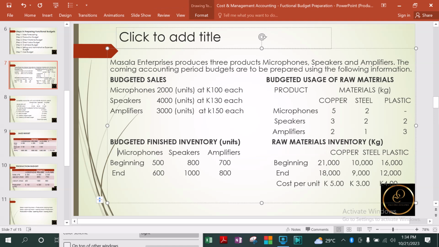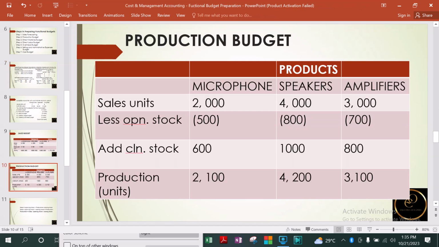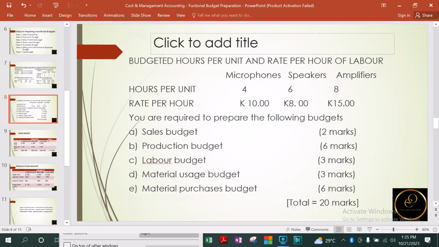So we can see that for microphones, the opening stock is 500, ending is 600. So we come here: microphones, opening stock 500, closing 600. We go to the other one.